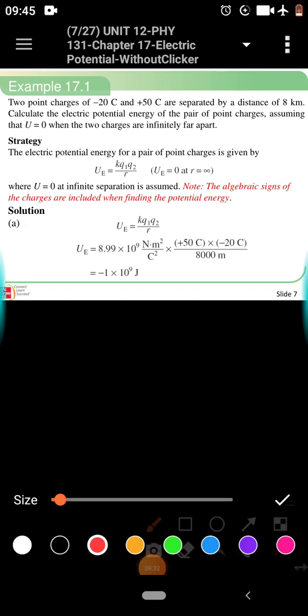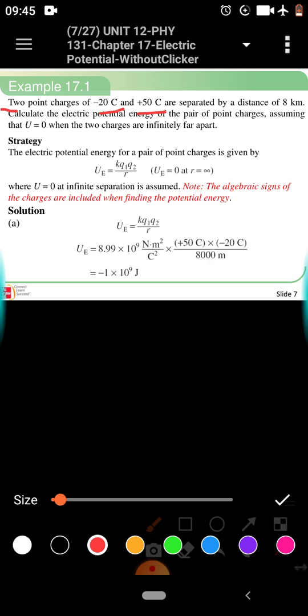Two point charges of -20 C and +50 C, separated by a distance of 8 kilometers. Calculate the electric potential energy of the pair of point charges, assuming that U equals 0 when the two charges are infinitely far apart.